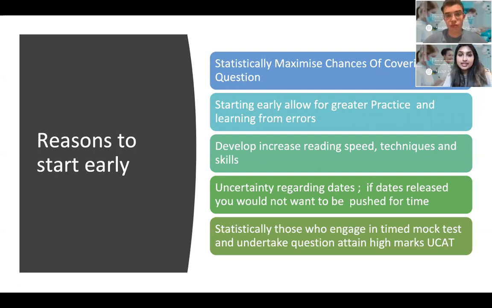Again, it gives you good practice and you learn from errors, so you keep an eye out for what you should and shouldn't do. Also, especially with the abstract reasoning, it gives you the skill to be able to read and scan fast and the different techniques that you need to be able to pick out the key information quickly.